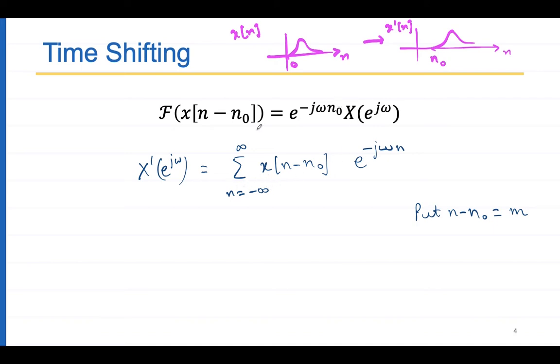This proof is very simple, you can go through it. Basically what you're seeing is, it is introducing a phase term. So my X(e^jω) is getting multiplied with a phase term.